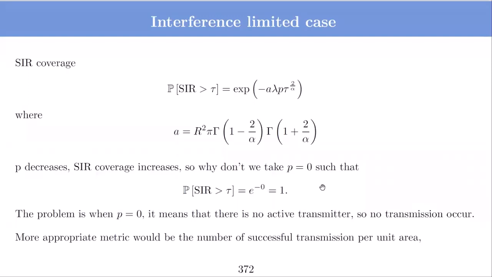So here, one thing is to optimize the number of successful transmitters per unit area. That tells you how many bits you are transmitting. If there are multiple transmitters and you want to utilize the network, you want to make sure that most of the transmitter pairs are transmitting to their receivers, so that the number of bits being exchanged in the network is high.